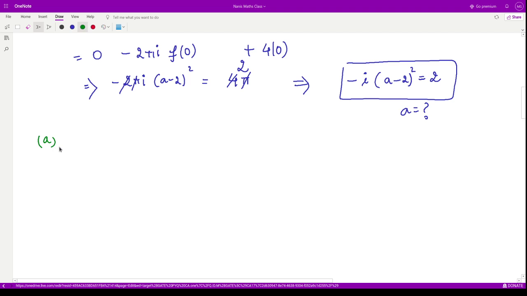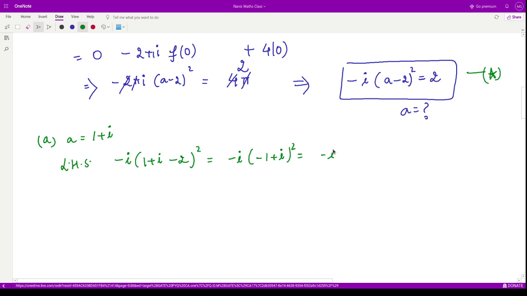In option A, we are given a to be the point 1 plus iota. Say this is our expression star. If we substitute this value in the left hand side of star, we would have minus iota, and a is 1 plus iota, and minus 2 as such, then the whole square. Let us evaluate it. It would be minus iota times (minus 1 plus iota) whole square.